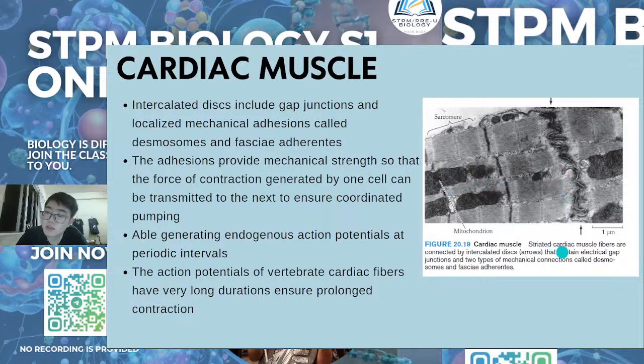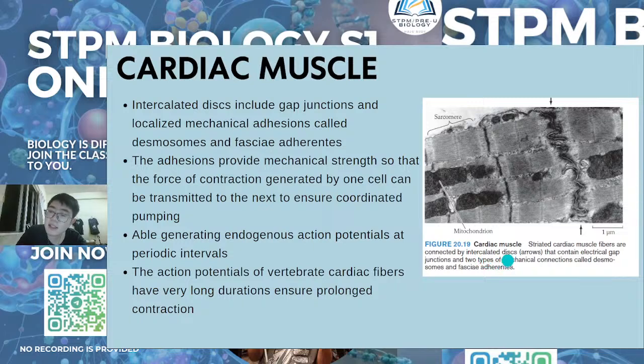And then the striated cardiac muscle fibers are connected by the intercalated disc. Also you see here, this is called the intercalated disc, which contains electrical gap junctions and two types of mechanical connection called desmosome and fascia adherens. This one is a bit more scientific. In simple terms, at the end of the cardiac muscle, the connection between the cardiac muscles is made by what we call the intercalated disc.